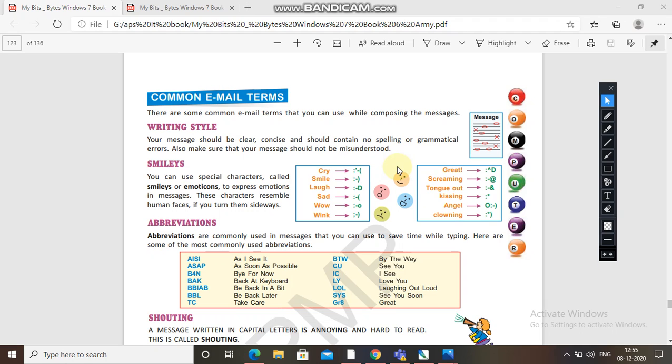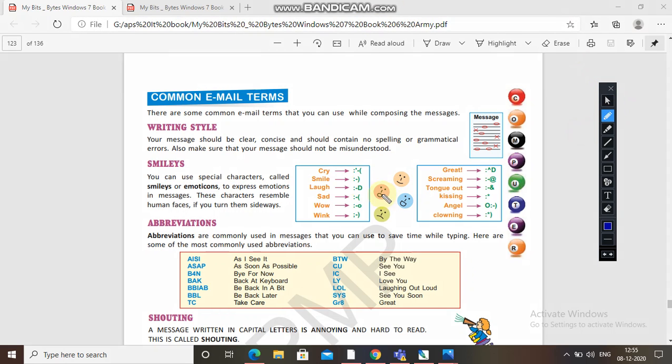Now next, smileys. You can use special characters called smileys and emoticons to express emotions in messages. These characters resemble human faces if you turn them sideways, just like it is given.